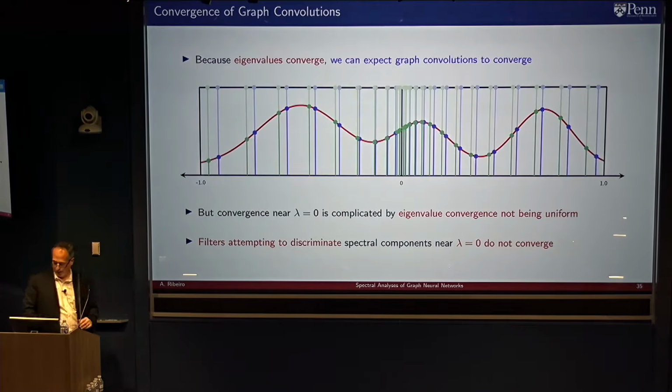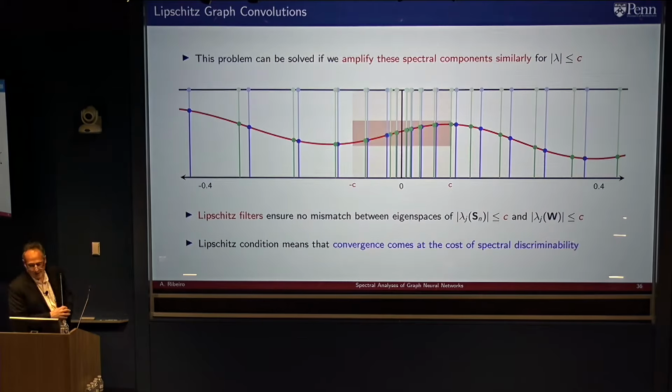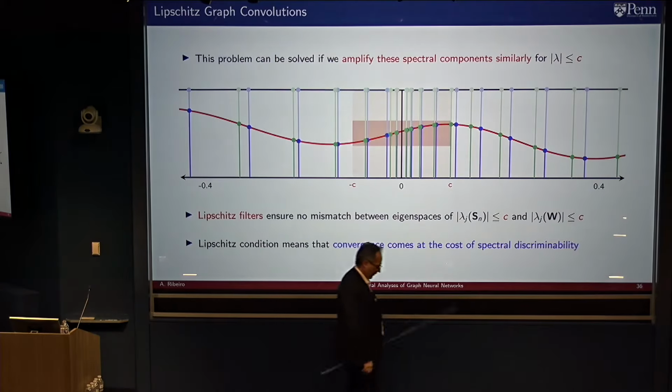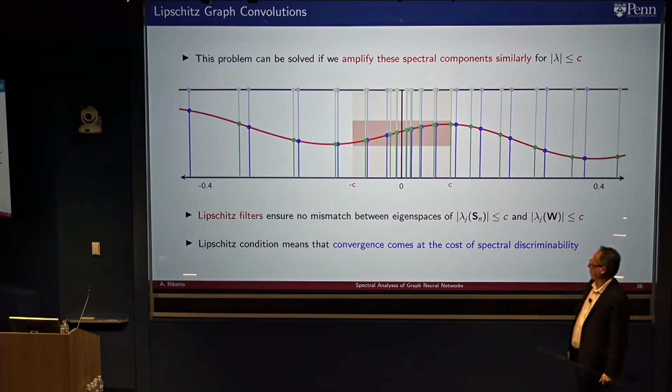Now, I do have here a condition that is perhaps a little difficult to digest, which is that I am requiring the filter to be Lipschitz. The reason I need to require the filter to be Lipschitz is because eigenvalues of graphons accumulate around 0.